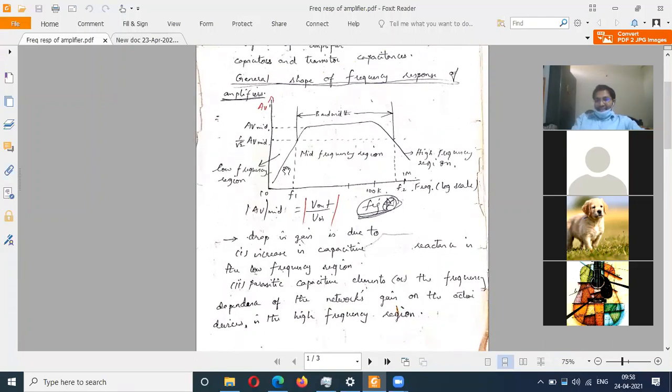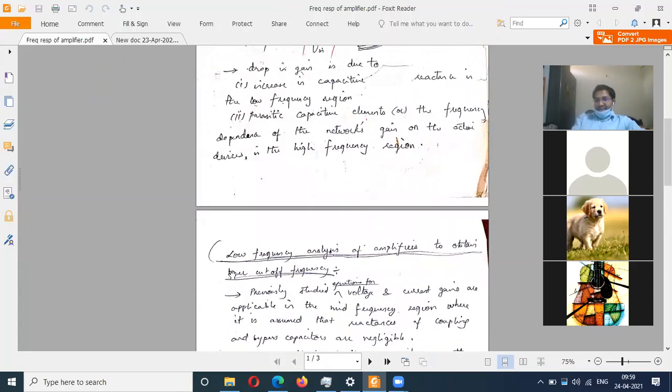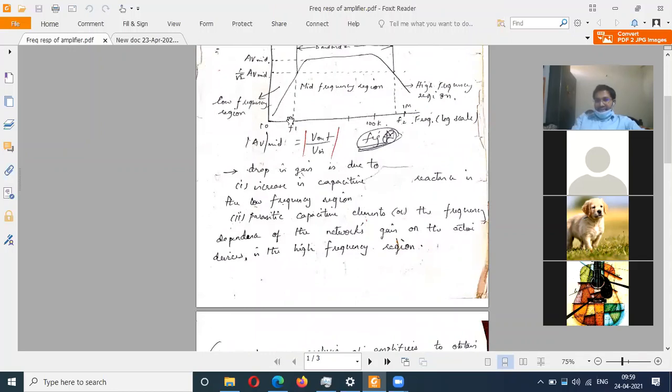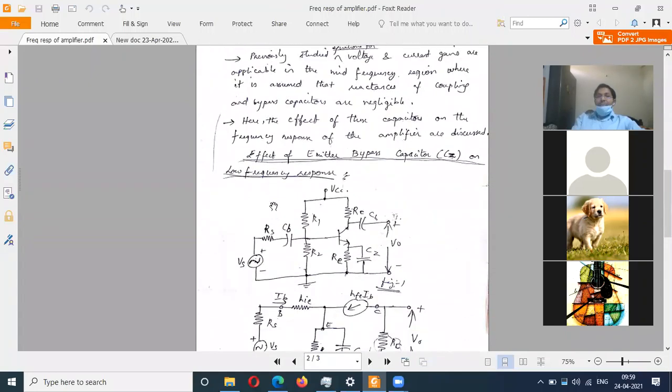See, as discussed, only for very low frequency should we consider the capacitive effect. For high frequency, we can approximate the capacitor to be a short circuit and analyze. Very low frequencies, we have to consider the capacitor; we cannot take short circuit.